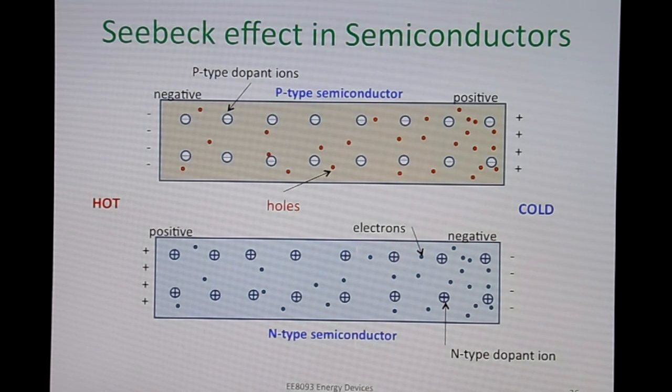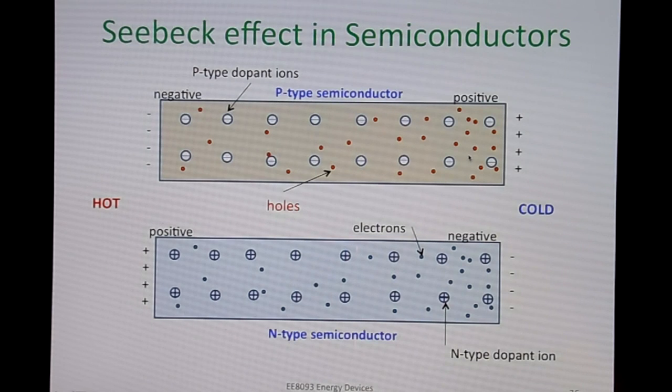For the case of the p-type semiconductor, the carriers are the holes. So just like the case for the conductor, the more energetic holes on the hot side will diffuse towards the cold side.